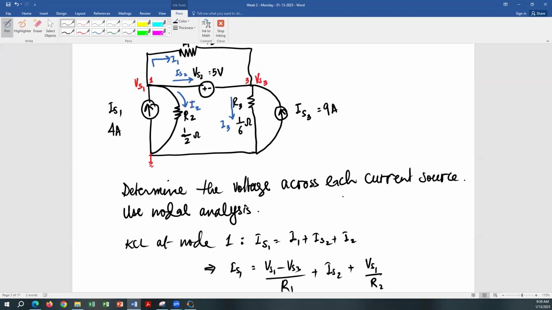What is VS2 in terms of VS1 and VS3? If you want to write down the expression for VS2 in terms of VS3 and VS1, what is that expression going to be?